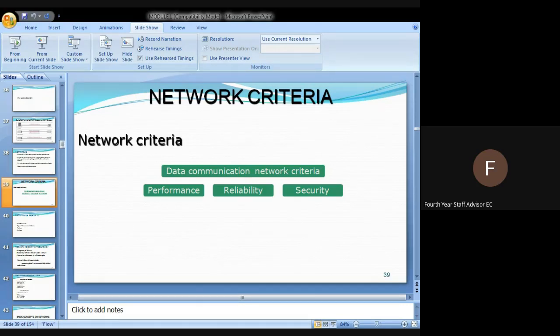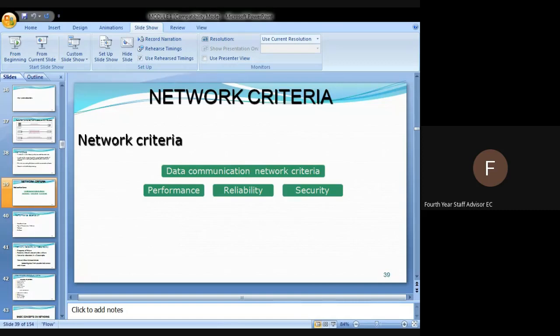Now, what do you mean by response time? Response time is the elapsed time between an inquiry and a response. The meaning is, I am requesting a service. How much time does it take to respond to that service? That is called the response time. I hope the two things are clear.